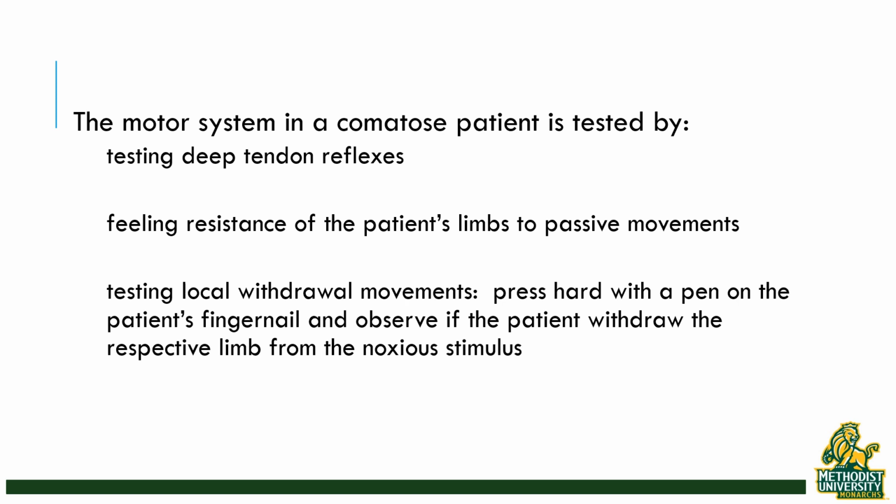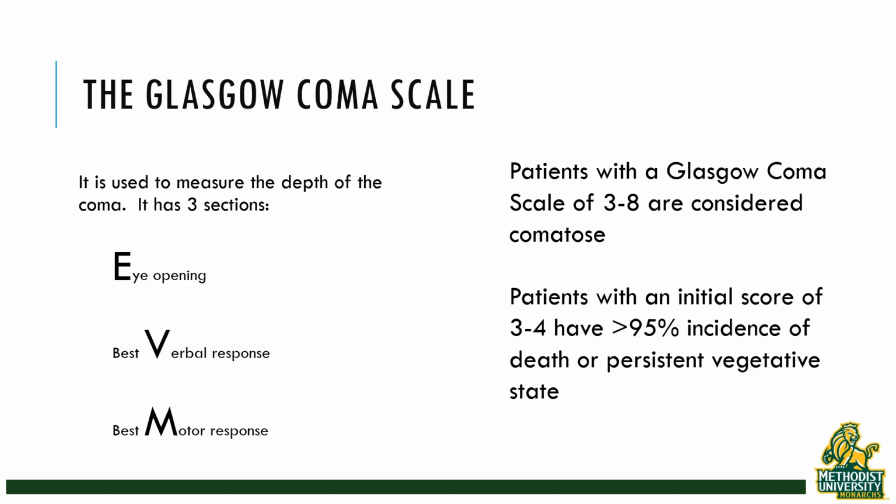And obviously withdrawal is a better sign than lack of any response, which brings us to the Glasgow Coma Scale. The Glasgow Coma Scale is a way that we measure the severity or depth of coma or of head injury.